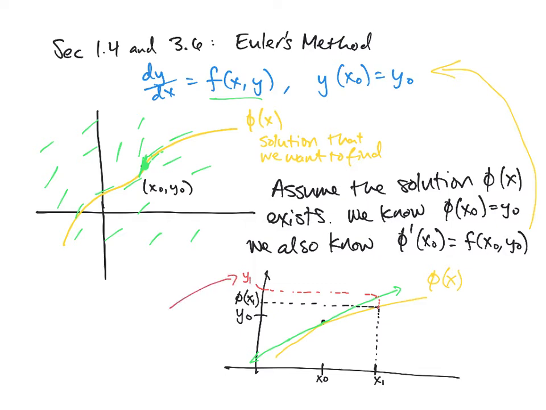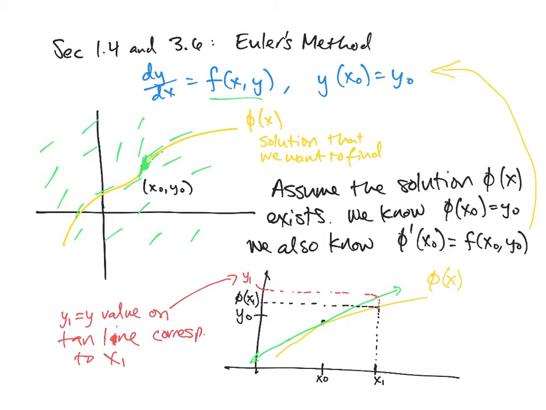And so y1 equals the y value on the tangent line, corresponding to x1. And x1 is just a point near x0.